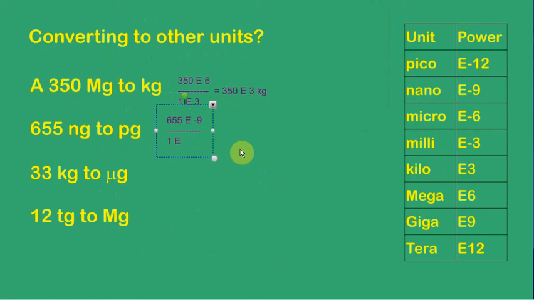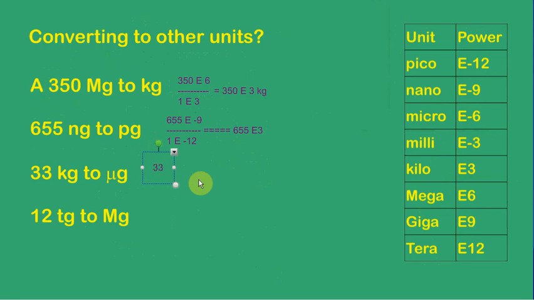So 1 E minus 12. And, of course, they get larger, and so your answer here is 655 E3. So there's 655,000 nanograms in a picogram. Seems pretty simple, correct?